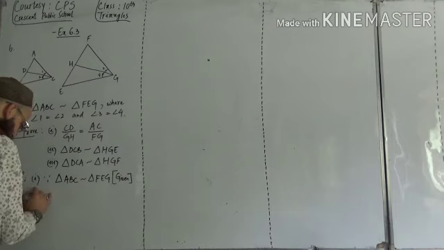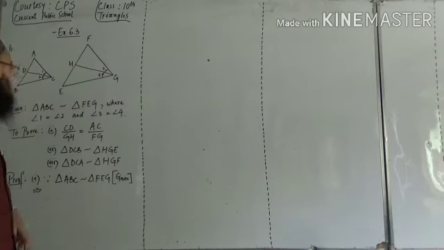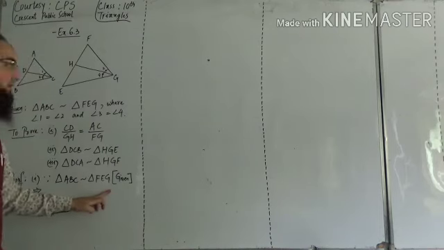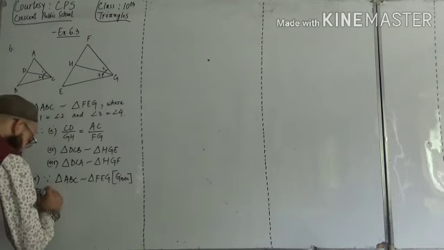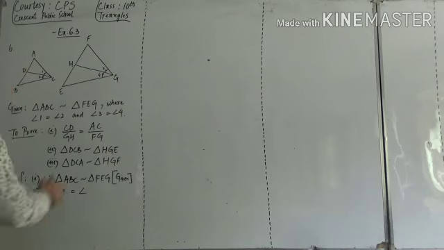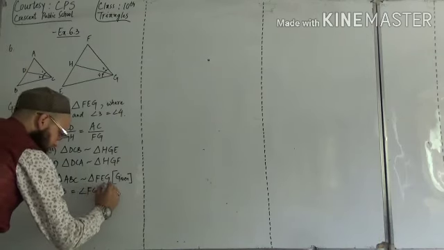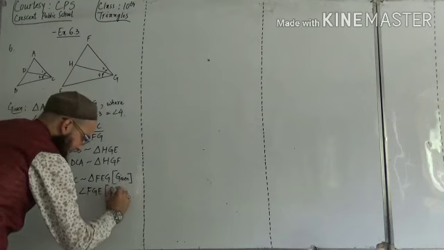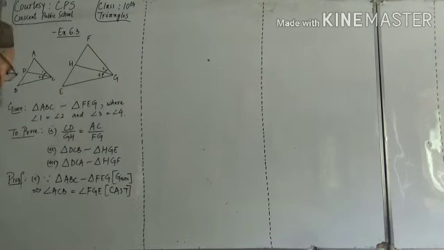In that case, I can say now corresponding angles are equal if the triangles are similar. So I can say angle C is equal to angle G. Yes. So my C is angle ACB. Angle ACB is equal to angle FGE. How? CASTS. Corresponding angles of similar triangles.